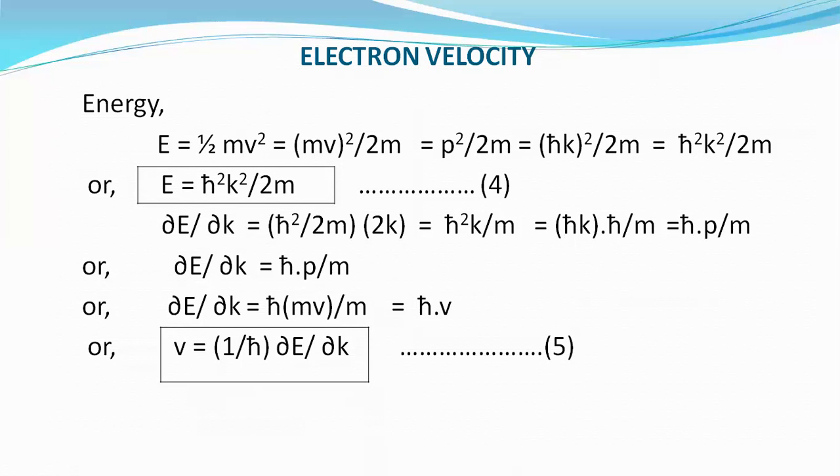If we put the value of p equal to mv, then m will get cancelled out, so you will have h cross times v. So v is given by 1 upon h cross into dE by dk. This is the equation of electron velocity in differential form, 1 upon h cross into dE by dk, equation number 5.